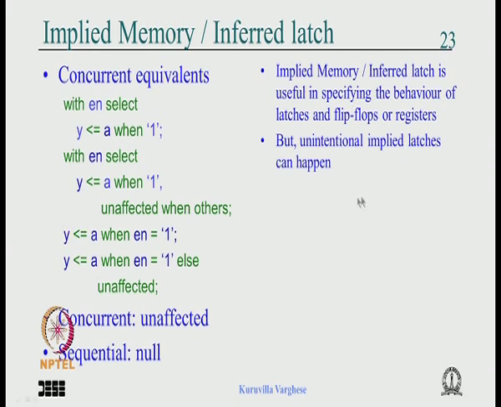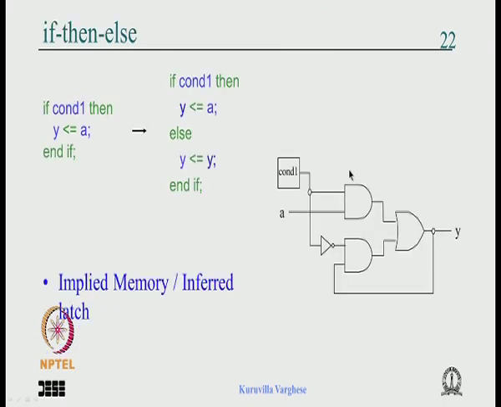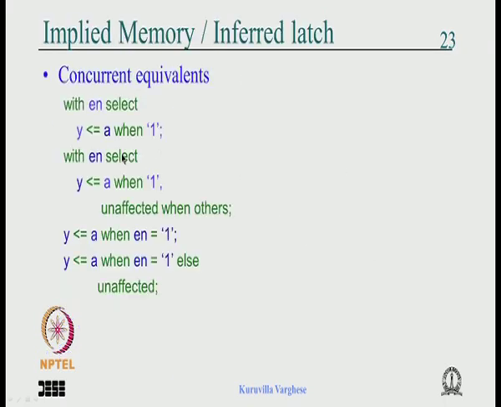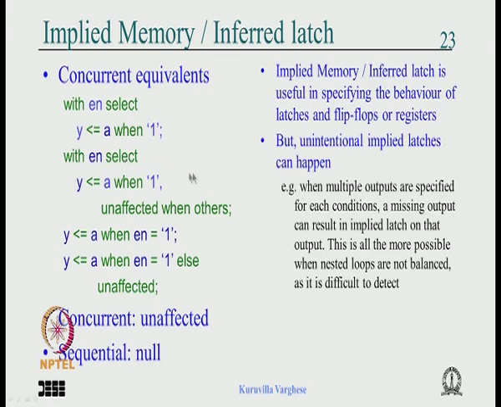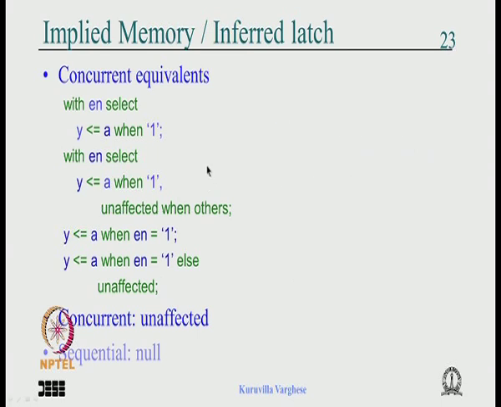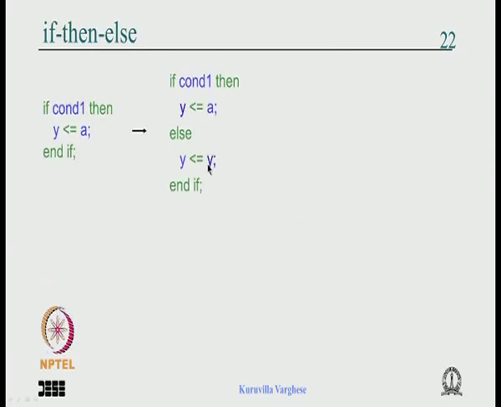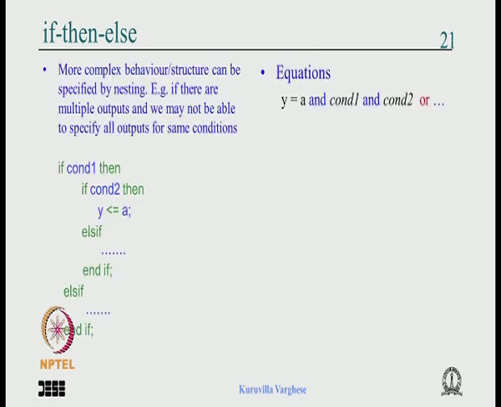But in real life, when you write a combination circuit, unintentional implied latches can happen. That doesn't mean you will write code like this, but when you have complex code, say one scenario is this example where multiple outputs are specified.